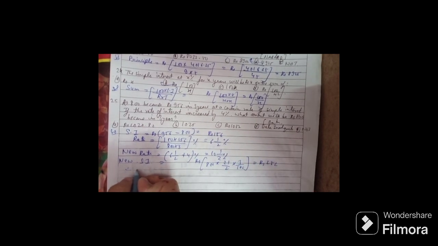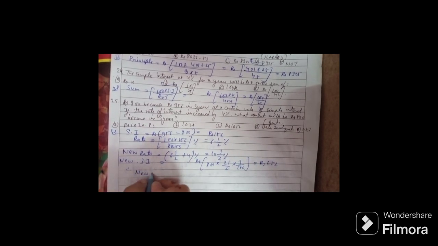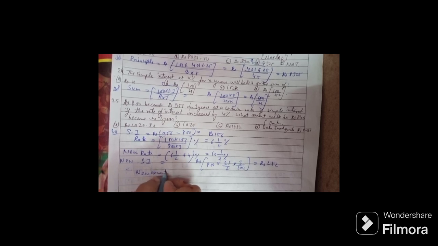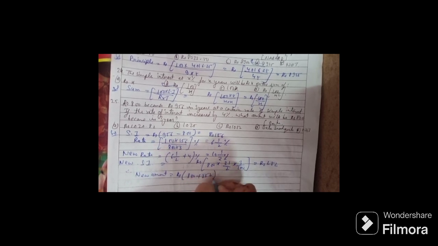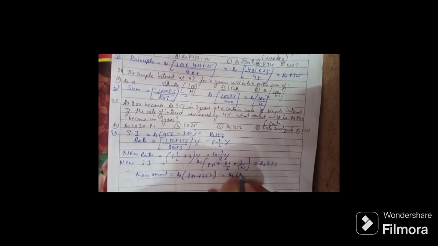So now new amount equals rupees 800 plus 252 equals rupees 1052.